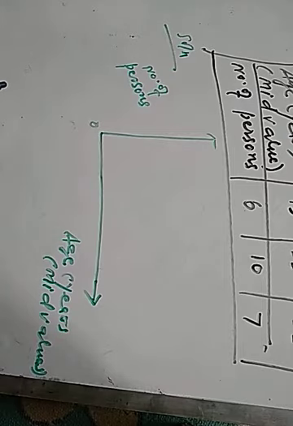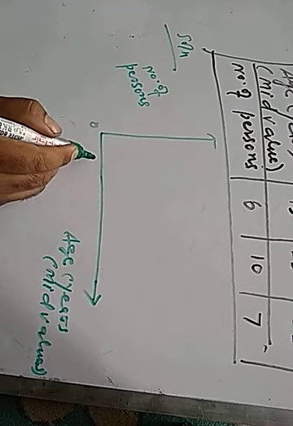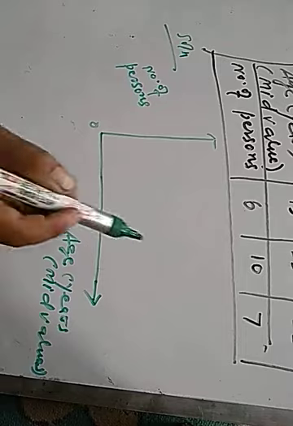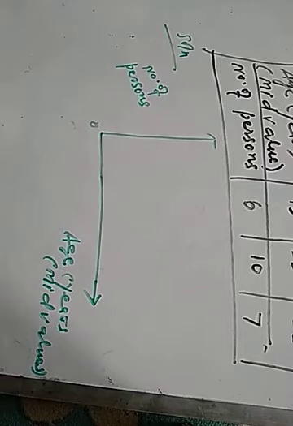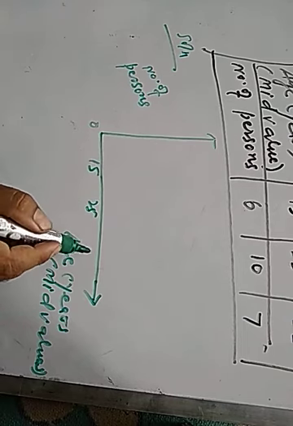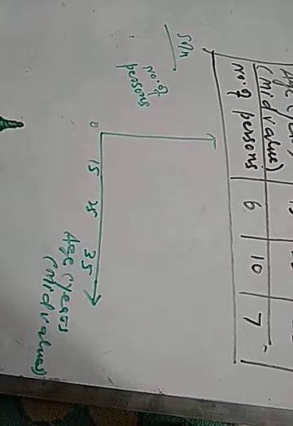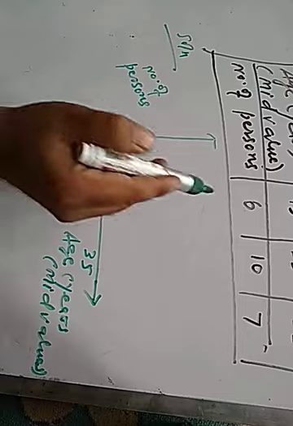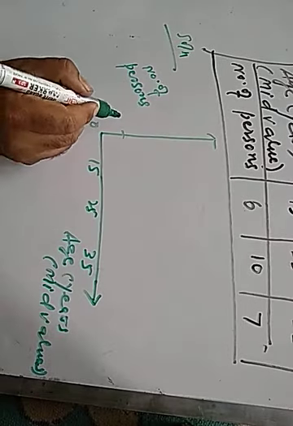The mid values given are 15, 25, 35. We can start from 5, 10, 15, 20 and up to 35, or I will directly write the mid values such as 15, 25, 35. And frequency, the lowest value is 6 and highest is 10.